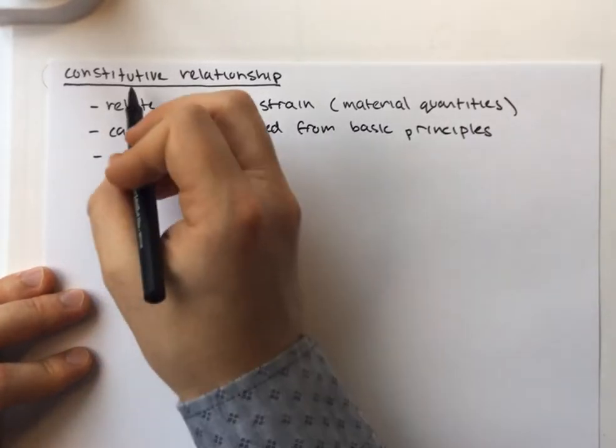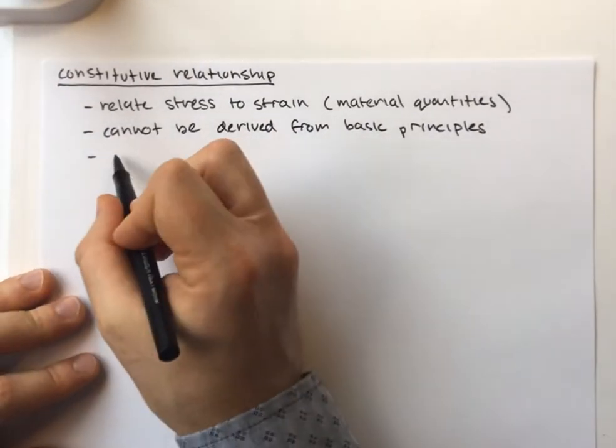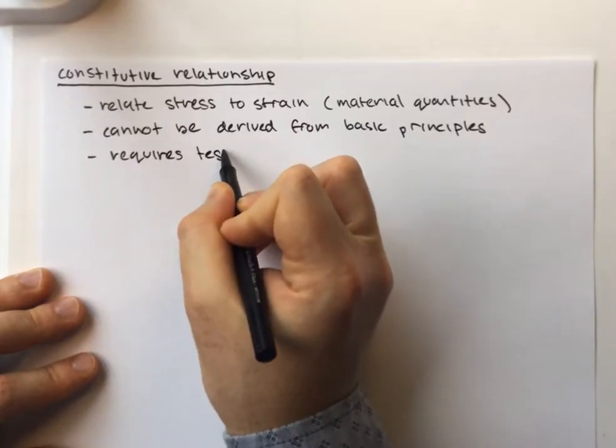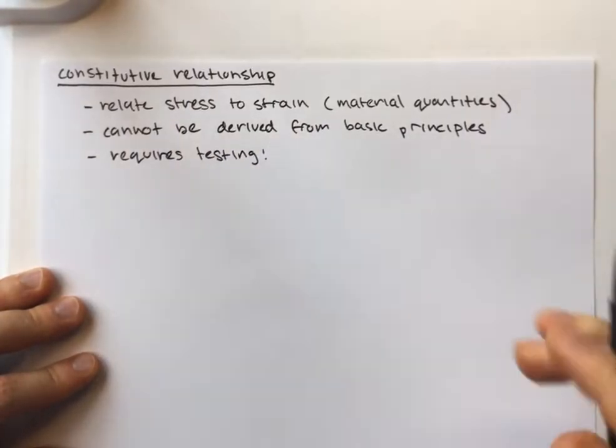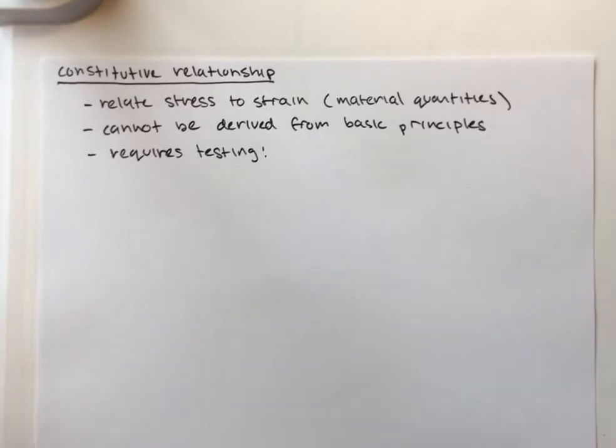And so in order to determine these constitutive relationships, you have to do some testing. And as you know from your life experiences, different materials have different properties. And so we need to test each of these different materials to come up with these relationships.